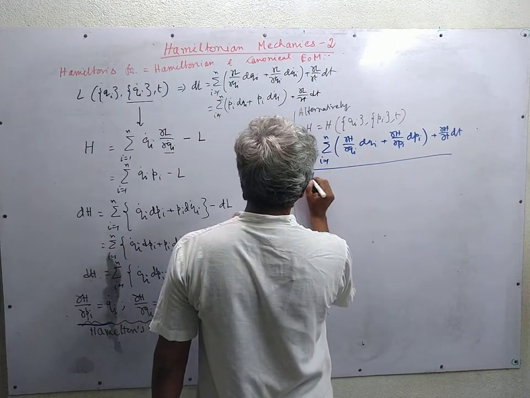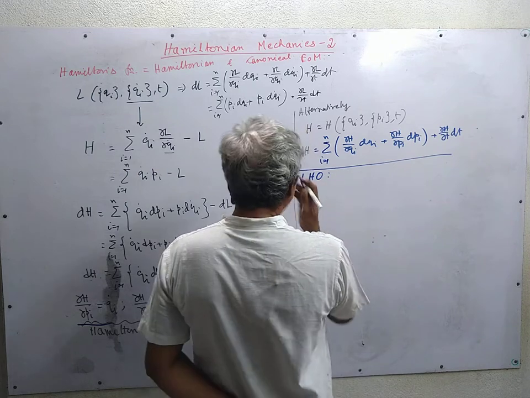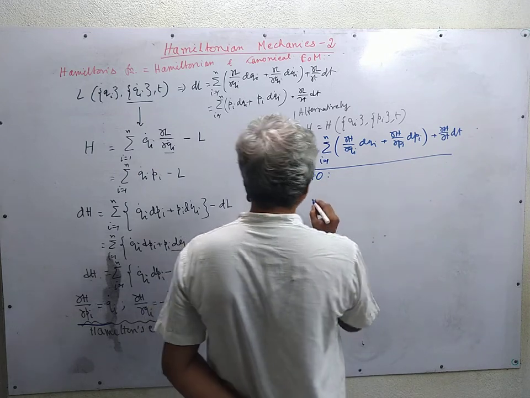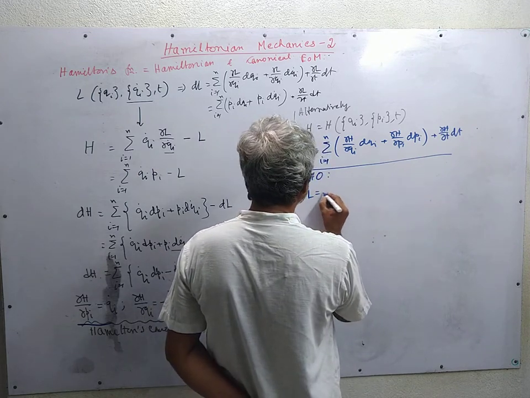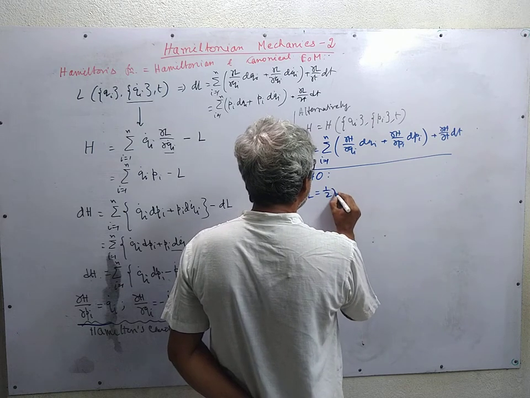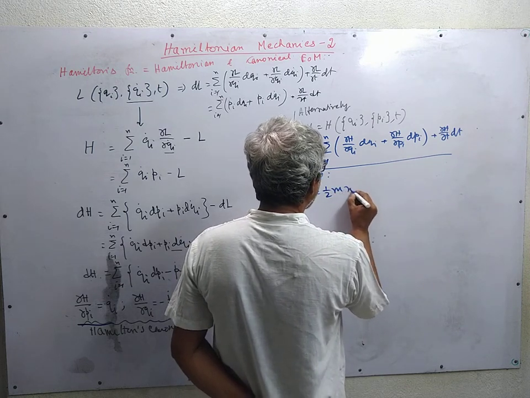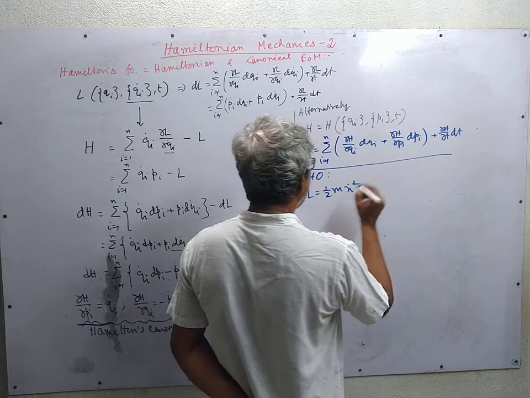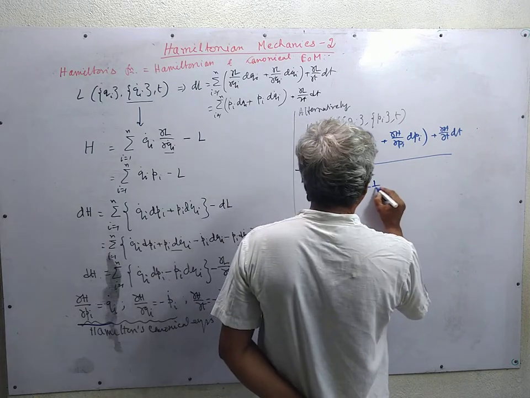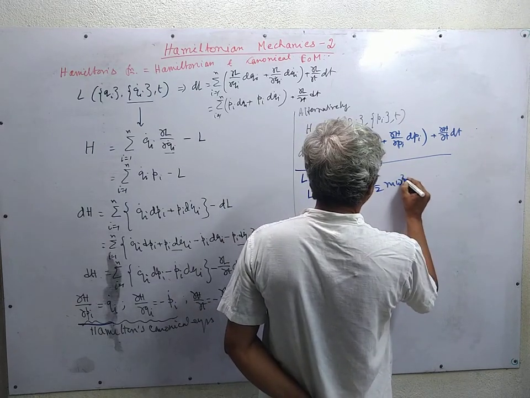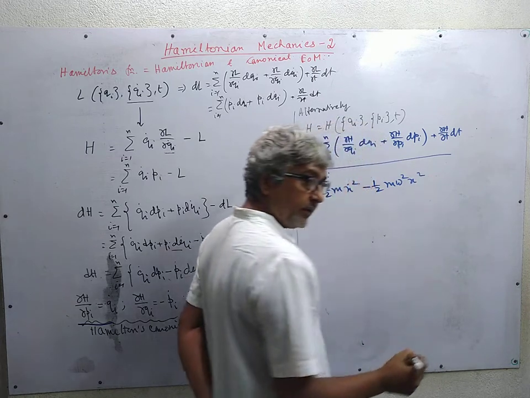Linear harmonic oscillator. We know that for the linear harmonic oscillator, the Lagrangian is half m x dot square minus the potential energy, half m omega square x square.